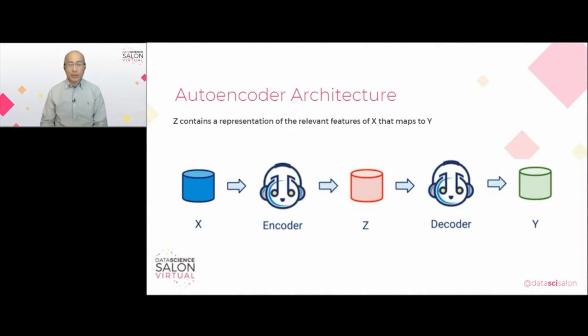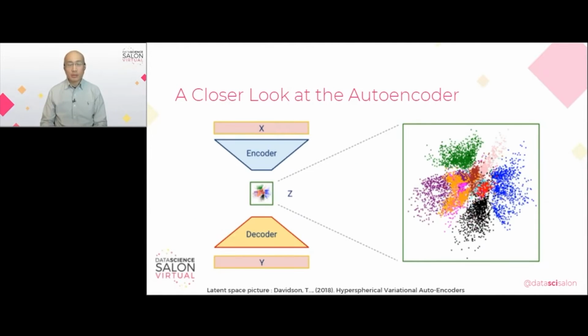But let me show you what that means. So here's the same picture, but it's rotated 90 degrees. In this picture, we have a close-up of Z. Z is in reality a hyperdimensional vector, which means it's a math vector with many dimensions.